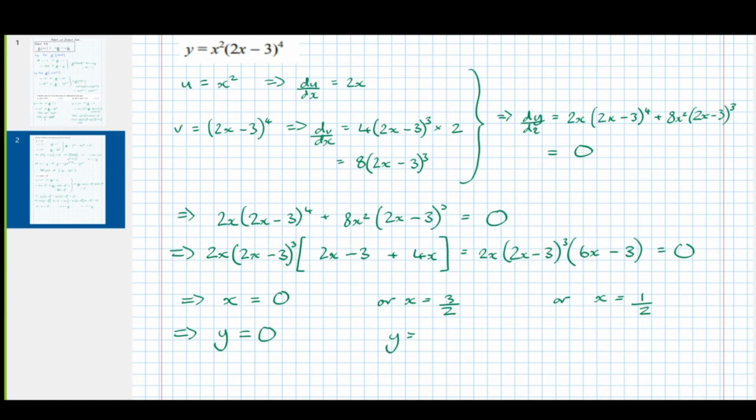3 over 2. Let's put that in. So y equals 3 over 2 squared, 2 lots of 3 over 2 minus 3 to the power of 4.